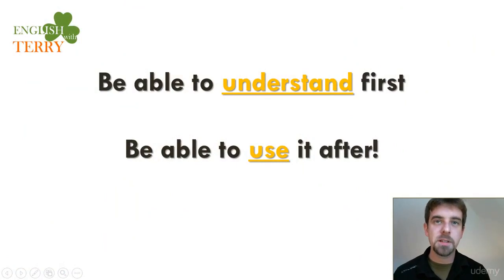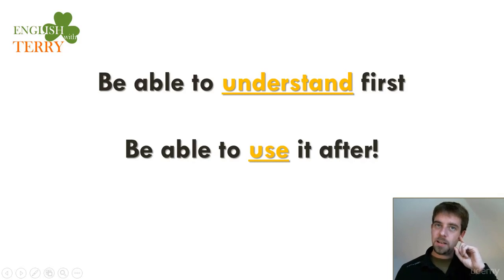Because this is advanced material, I want to be clear. Let's have two steps. Step one is to be able to understand first. This is always our first objective with conditional ideas, especially when we teach in the classroom. Don't worry if you cannot use it perfectly now. It's fine. Be able to understand first.